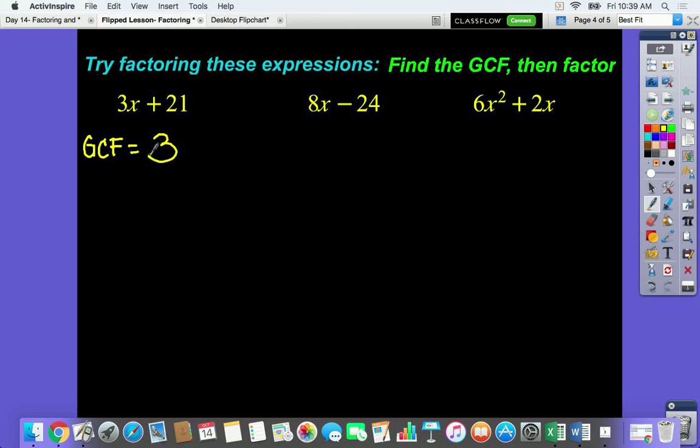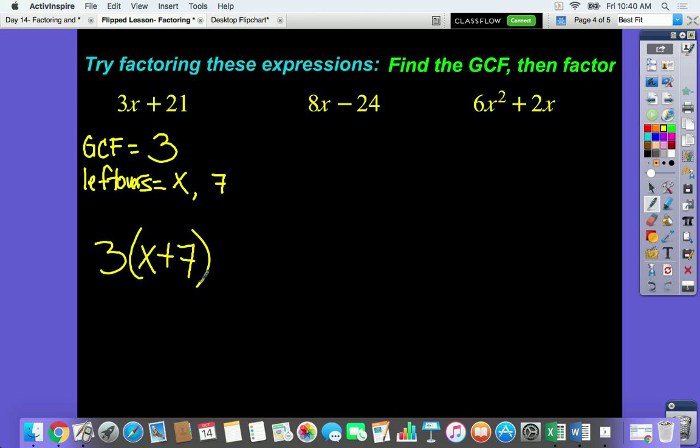I automatically know that my GCF is 3. When I think about factoring that out, my leftovers, when I divide 3x by 3, are x. When I divide 21 by 3, I get 7, and here we go. When I factor the expression 3x plus 21, I end up with 3 times the quantity of x plus 7.